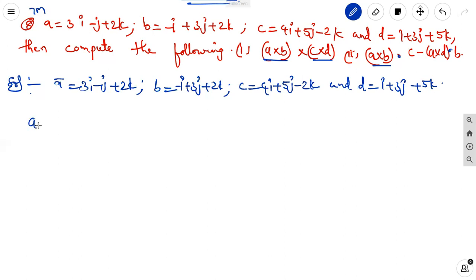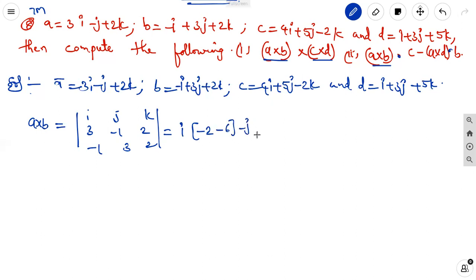So find out A cross B equal to determinant i, j, k, 3, minus 1, 2, minus 1, 3, 2. Expanding the determinant, it is equal to minus 8i minus 8j plus 8k.